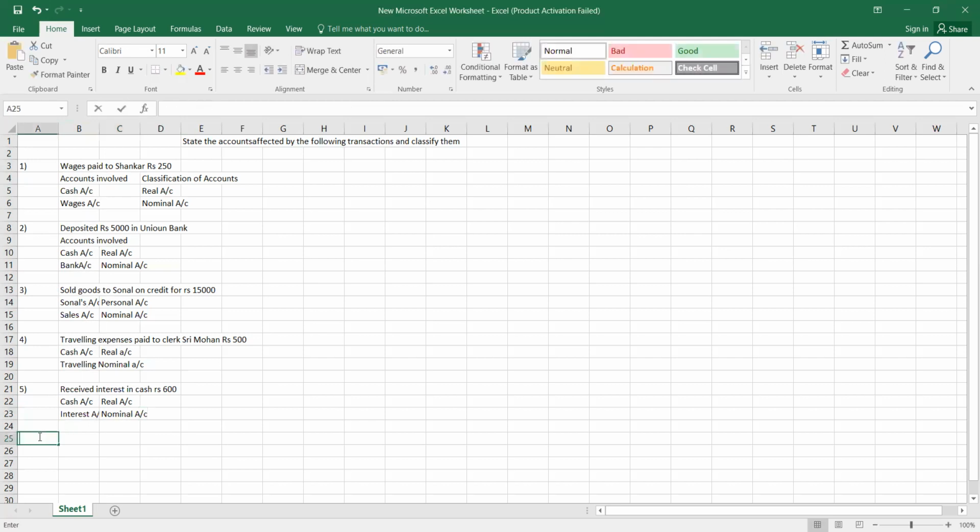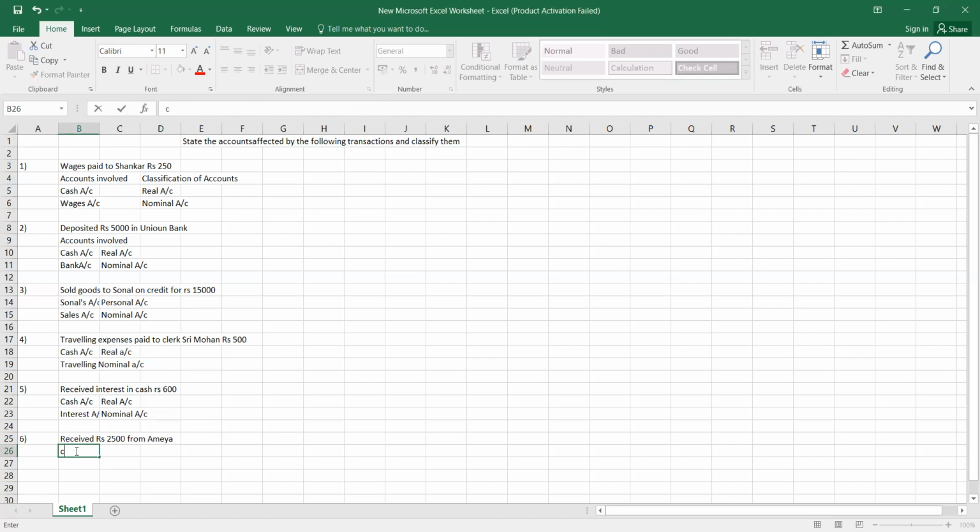Next one. Received rupees 2,500 from Amia. Now you've received cash from Amia. You have received rupees 2,500 from Amia.